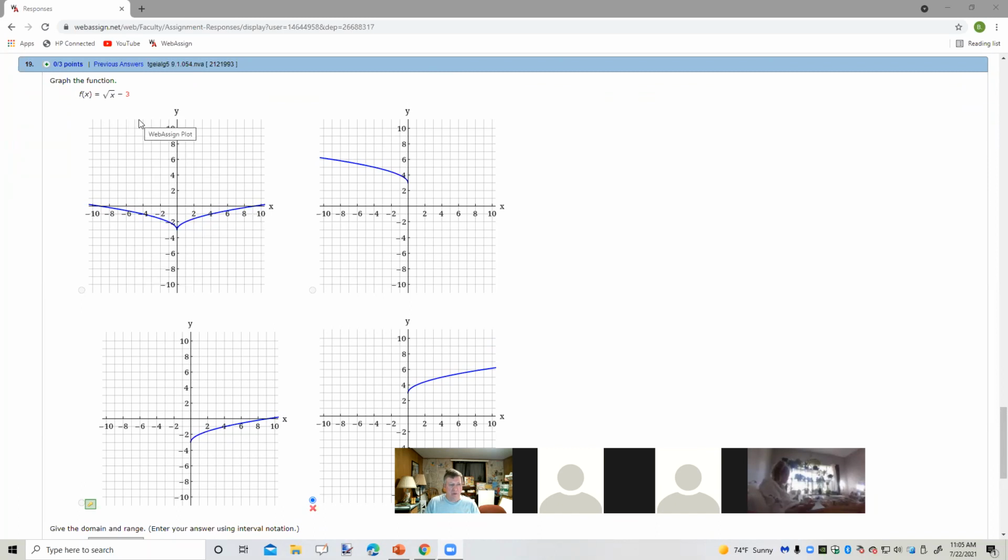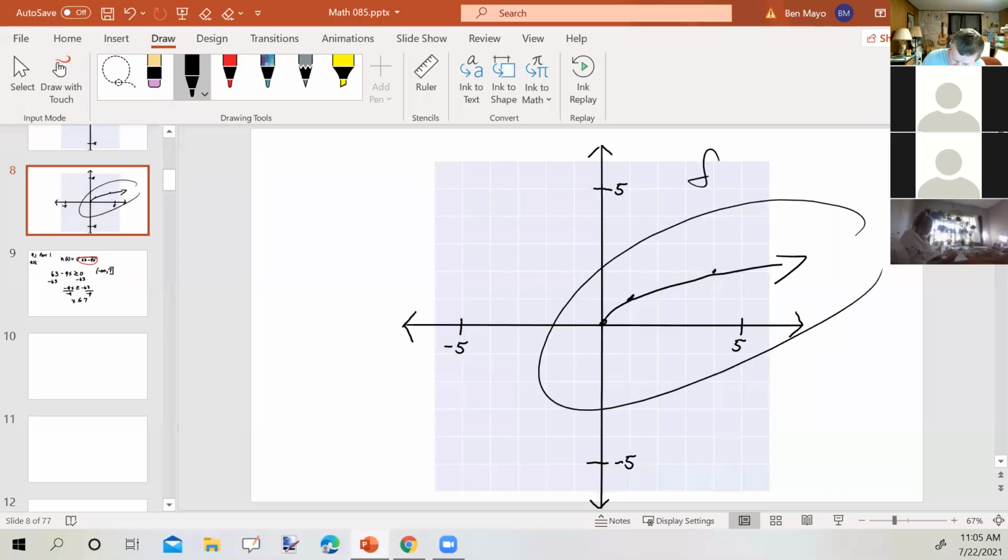Just the graph of the square root of x. From the other day, let's see here. Hang on a second. I'm going to switch back to my whiteboard screen. This was the graph of f of x equals the square root of x, okay?